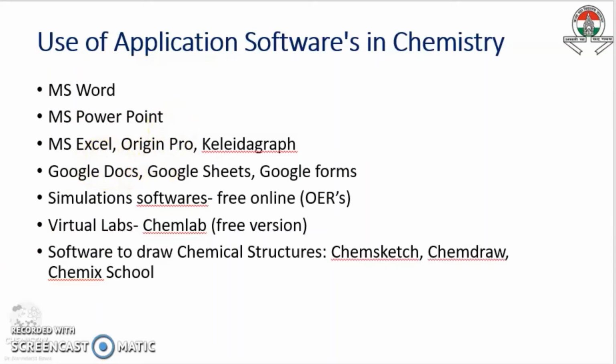Then next is MS Excel or Origin Pro and Calligraph, etc. These softwares are used for making graphs and for presenting data in different types of calculations in numeric form and to draw graphs between different quantities.